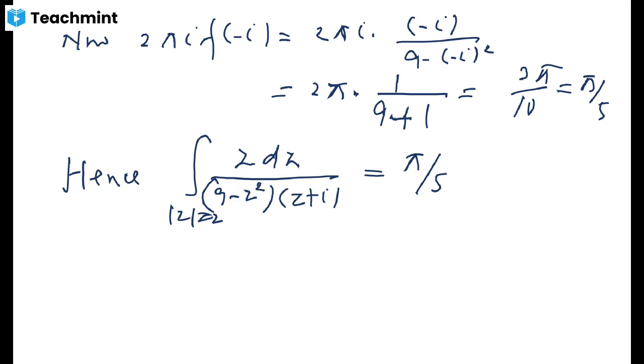You can compute it using the classical method, taking the parameterization of this circle. But with Cauchy integral formula you do not require the parameterization. You just need to identify what the function should be. Then it is almost a one-step process to compute the value of the integral.